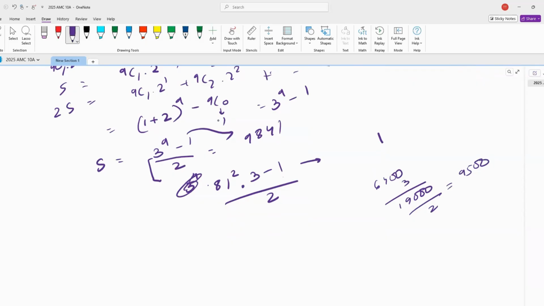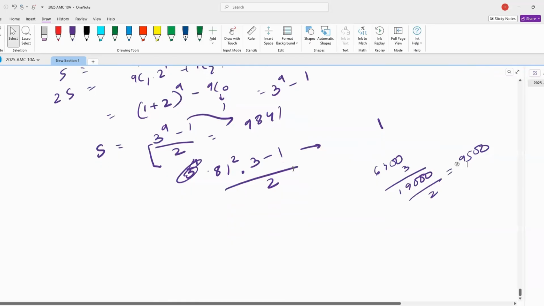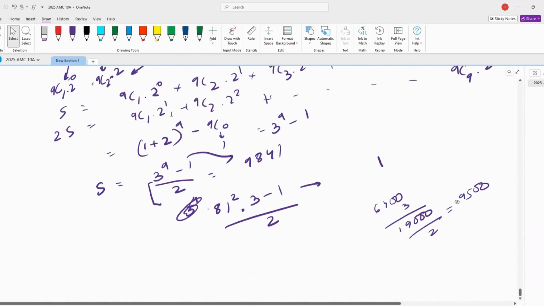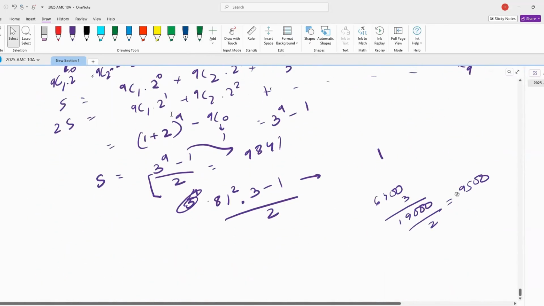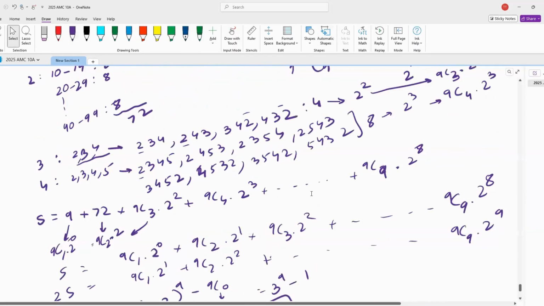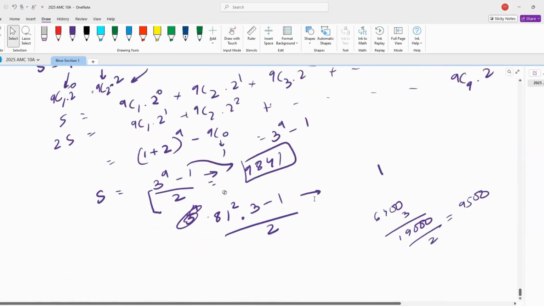So I need a number that is close to 9,500 and ends in 1, which gives me 9841. I mean, that's just a small nuance at the end. We don't need to do that. If we just run the calculation really quick, we can get to 9841. So the answer for this is C.